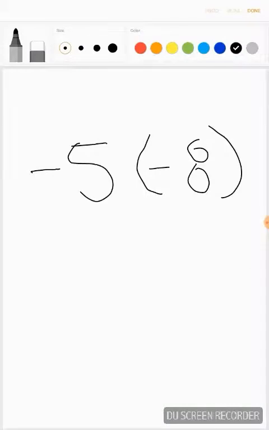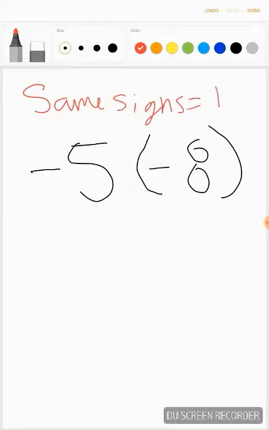All right, moving on to number 5. We have a negative 5 times negative 8. So if we have two negative numbers when we're multiplying and dividing, same signs, always positive. So same signs are always going to result in a positive answer.